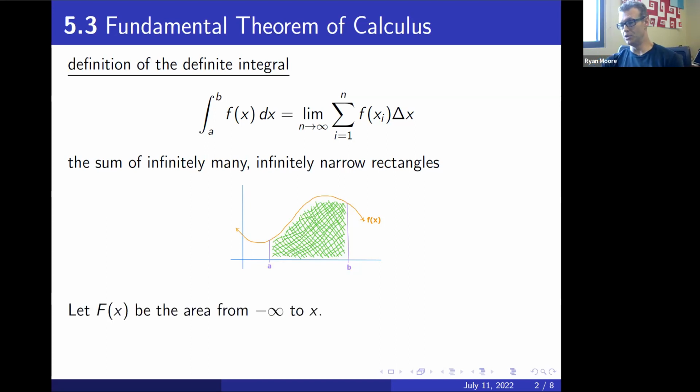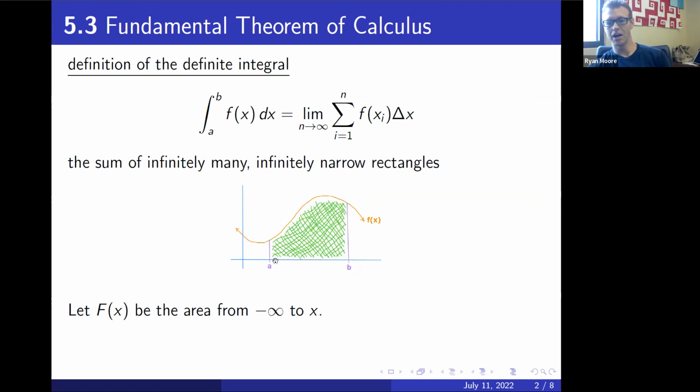We're going to introduce a new function. Let's call it capital F of x. Let capital F of x be the area from negative infinity all the way up to x. What we mean is the area between the function and the x-axis. But we're going to say capital F of x, we start at negative infinity. So think of, for this function here, all the infinite area going backwards, whatever that would mean.